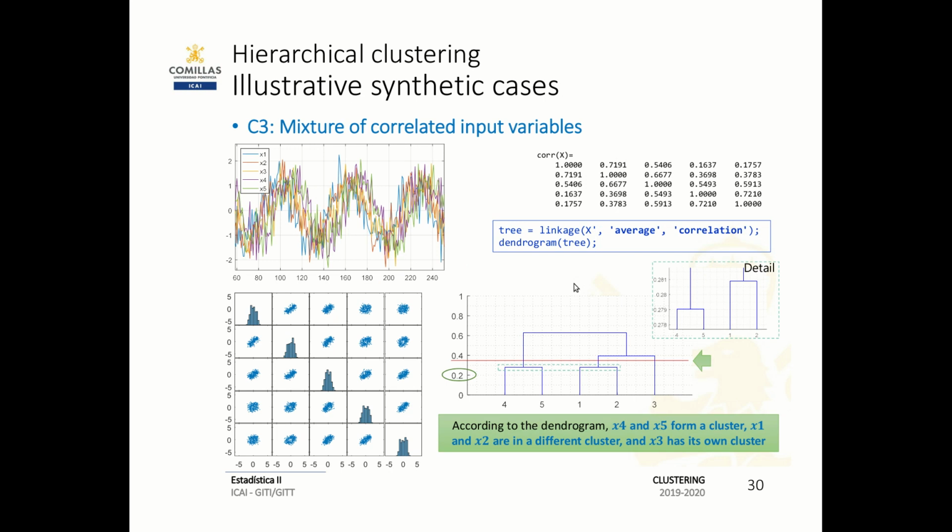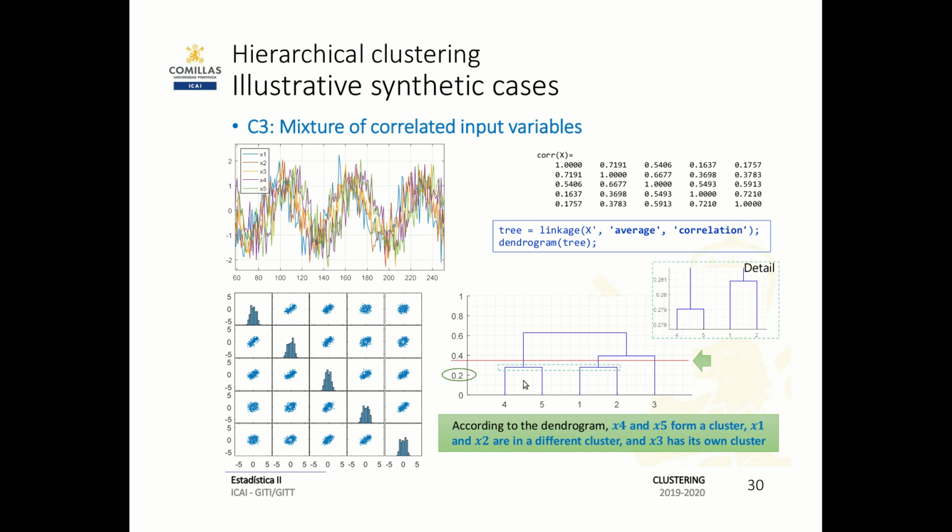Then we can have another example, which you may remember, in which we had several signals. This is the scatter plot between the different variables. Some of them are more similar to each other. So for instance, we see x1, x2, and x3 are relatively similar. So here 1, 2, 3 come together relatively soon. And 4 and 5, we can see also here that they are more similar to each other.